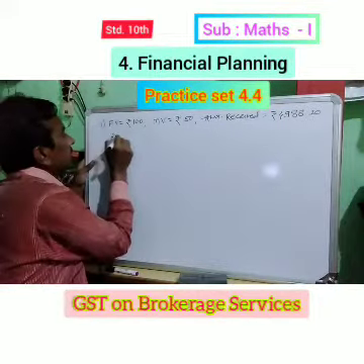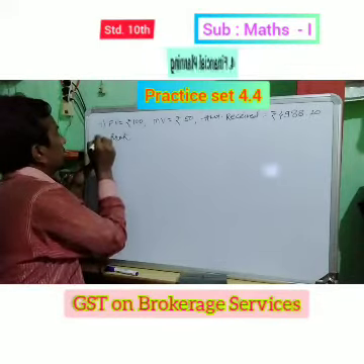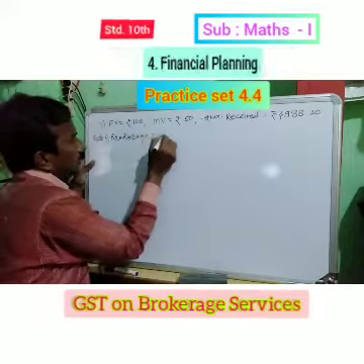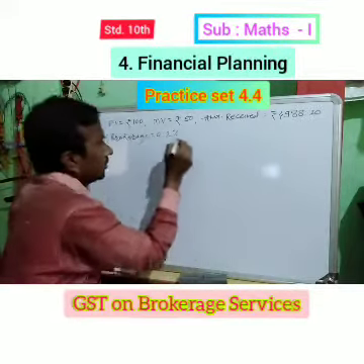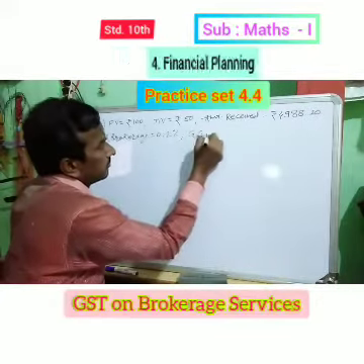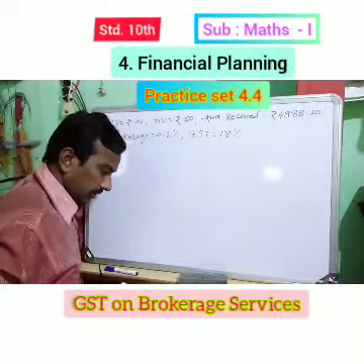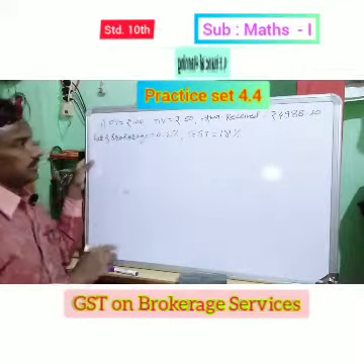Rate of brokerage is 0.2%, GST is 18%. This is given. Now find out how many shares she sold in this amount.